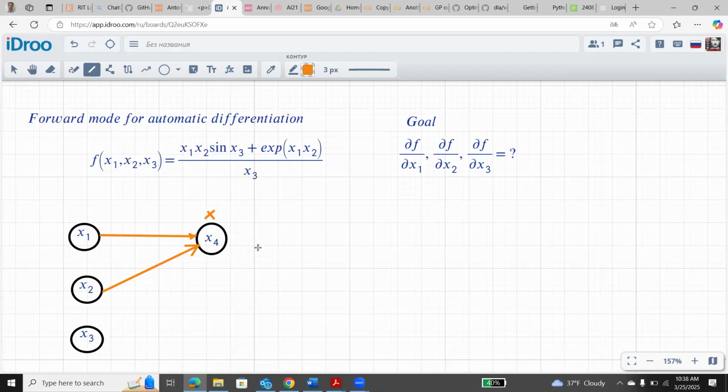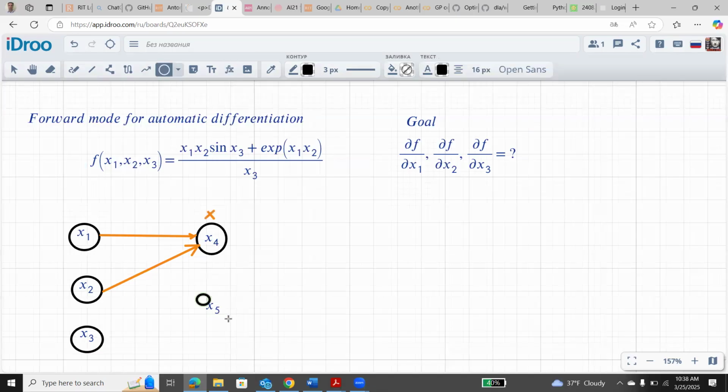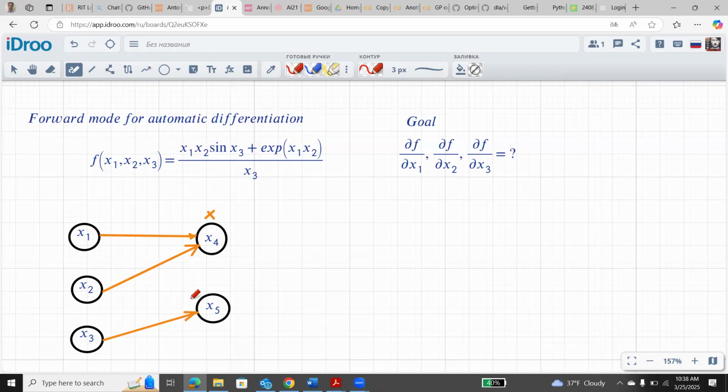Then we should apply the sine function to x3. Let's denote the result of sine of x3 by x5. x5 will be the result of applying sine to x3.